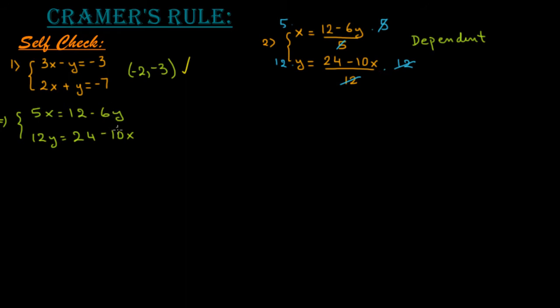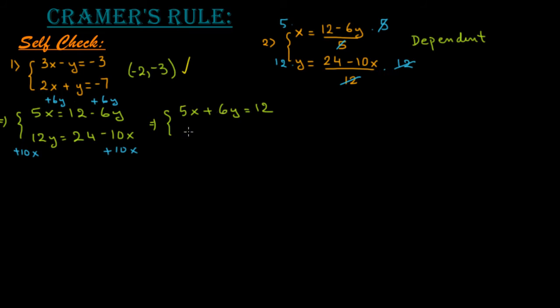Then we also need x and y to stay on one side. So what I'm going to do is add 6y on both sides for the first equation. So we will have 5x plus 6y equal to 12. And I also move 10x on the second equation to the other side, so plus 10x on both sides.